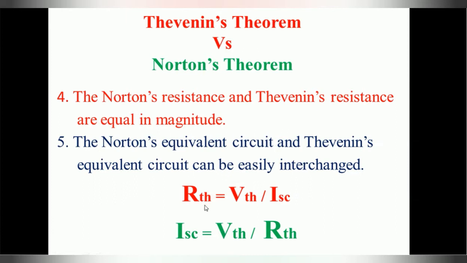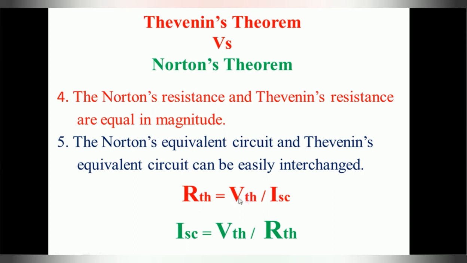By using Thevenin's theorem, we can get the VTH and RTH values, and from that we can get the ISC value. We are just relating Thevenin's theorem and Norton's theorem, and we can get the values of RTH, ISC or VTH. Suppose I am using Thevenin's theorem, then I can identify the VTH and RTH values.